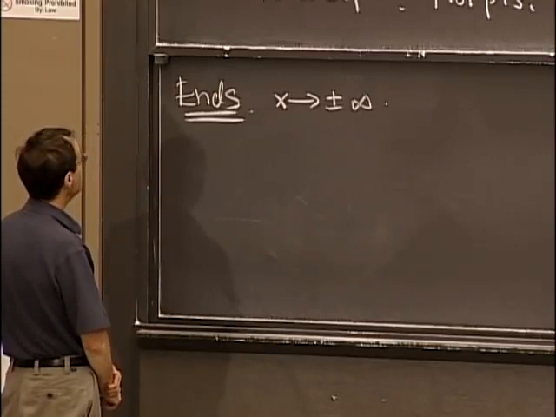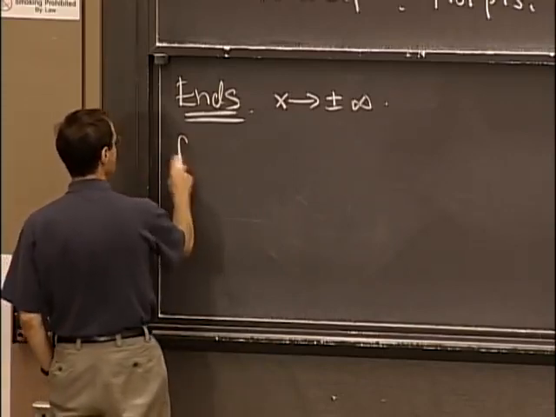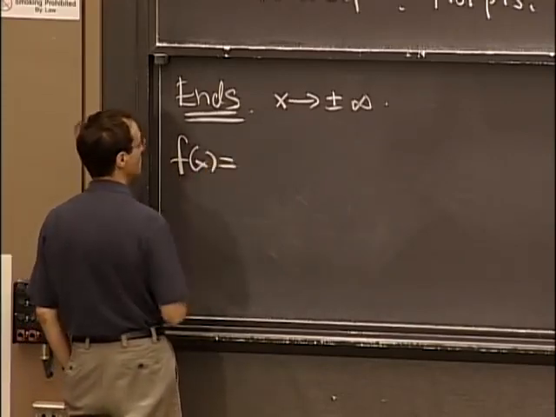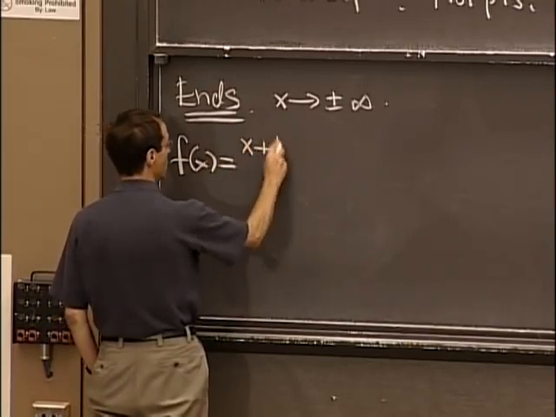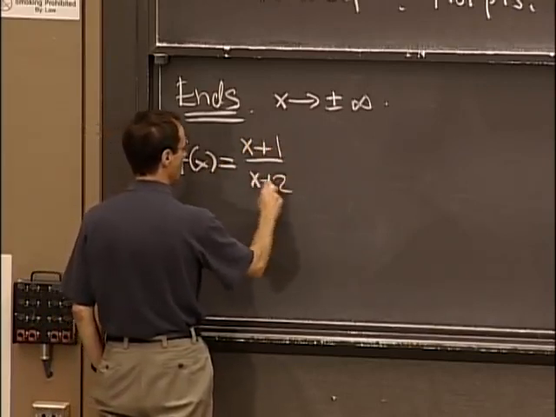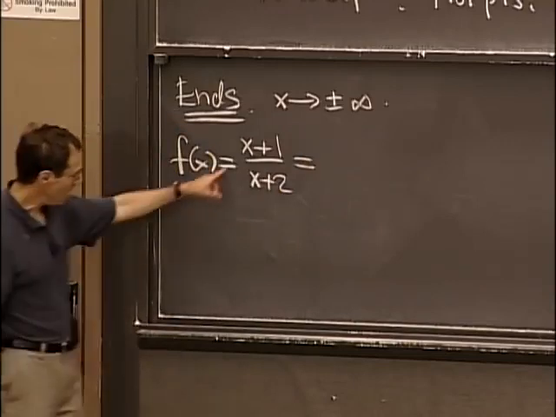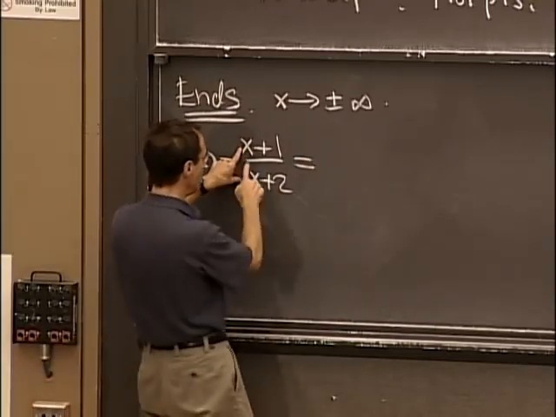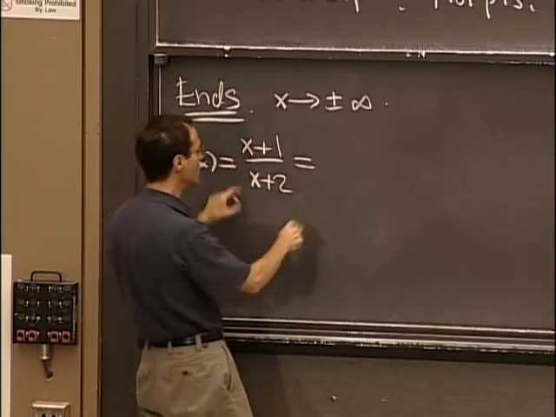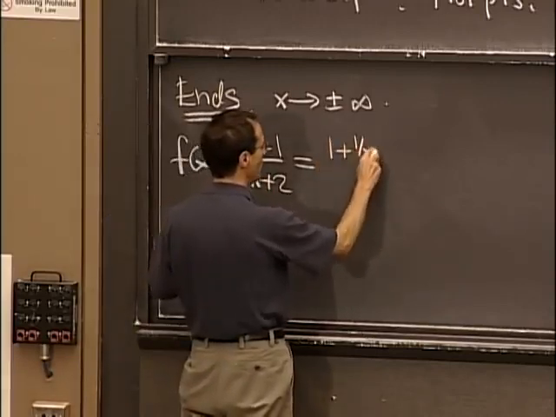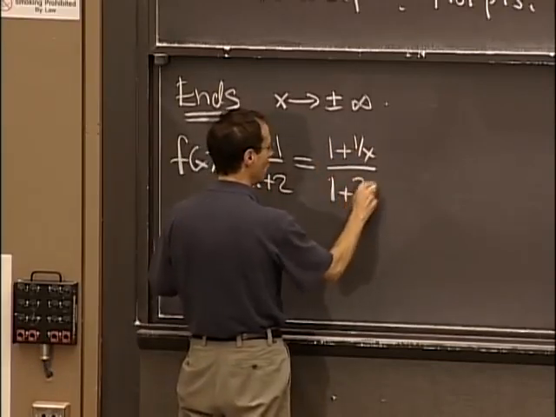All right, so on these ends, I need to do some more analysis, which is related to a pre-calculus skill, which is evaluating limits. And here, the way to do it is to divide by x in numerator and denominator, as 1 plus 1 over x, 1 plus 2 over x.